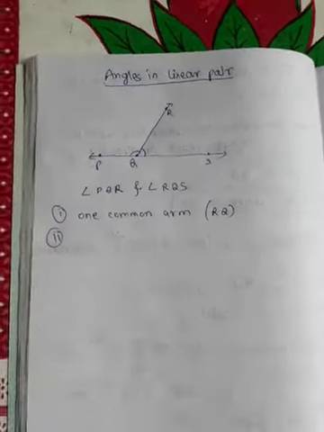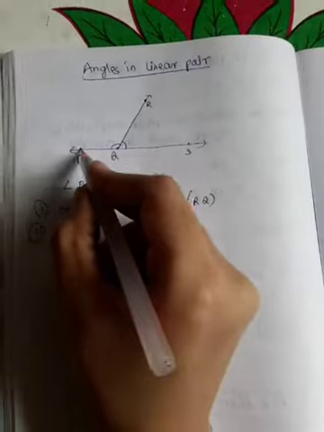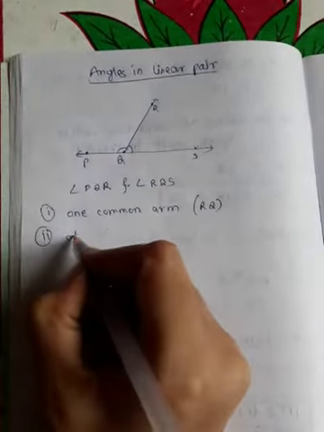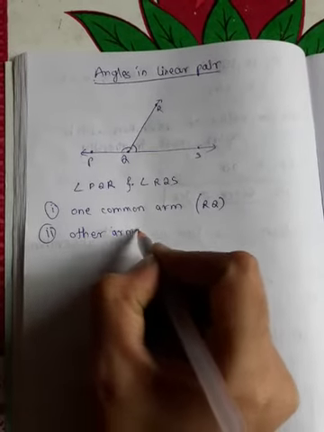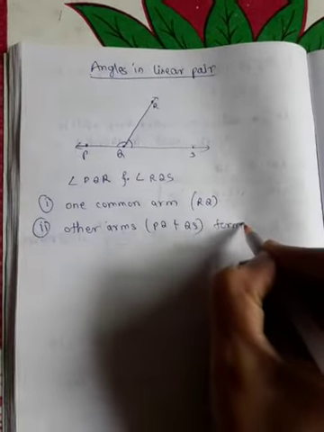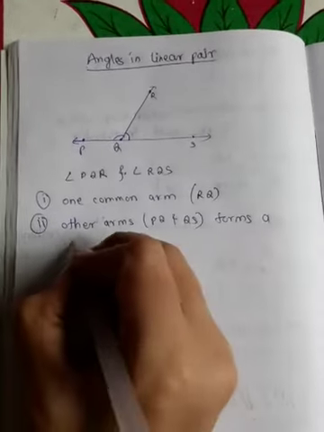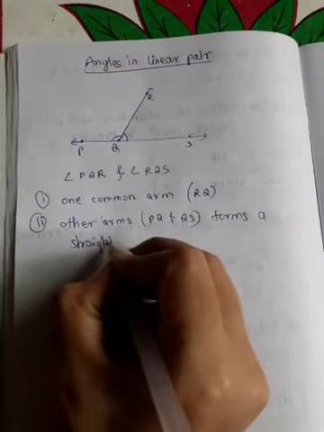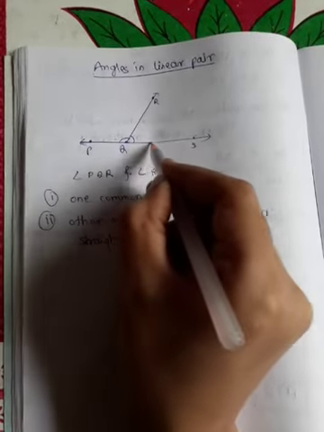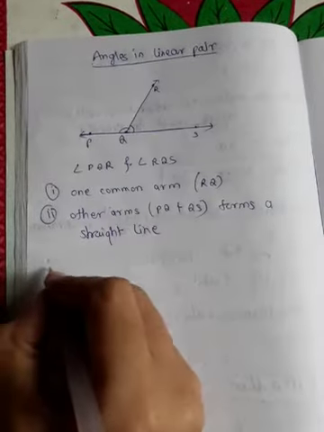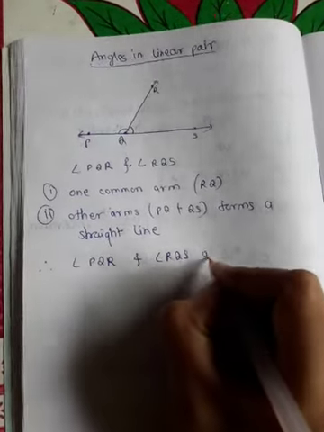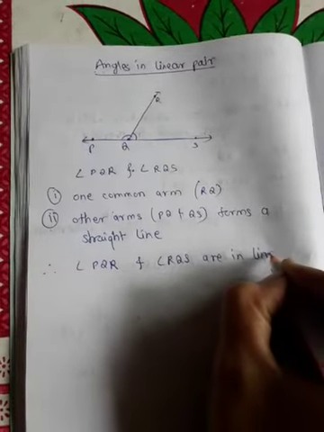Now see, the other arms of these two angles, PQ and QS, form a straight line. These two arms PQ and QS form a straight line. Therefore, angle PQR and angle RQS are in linear pair.